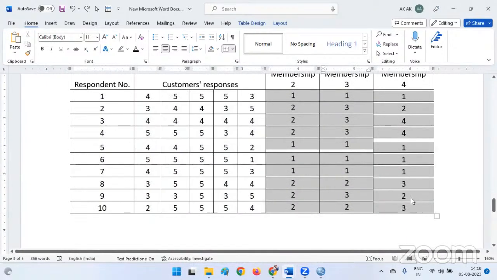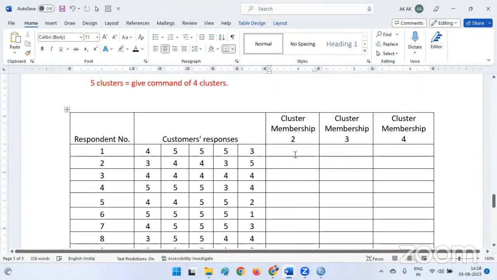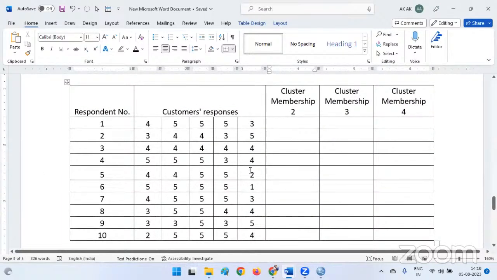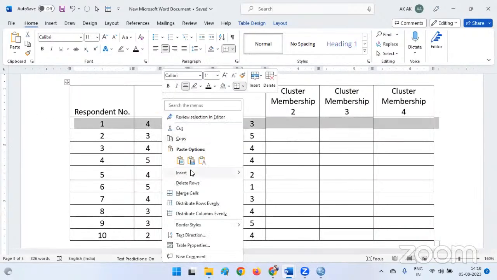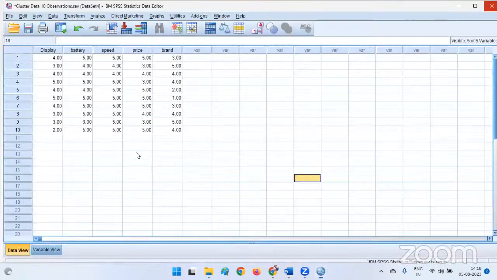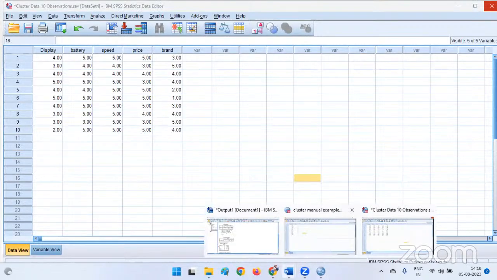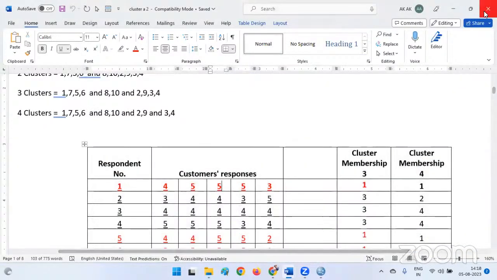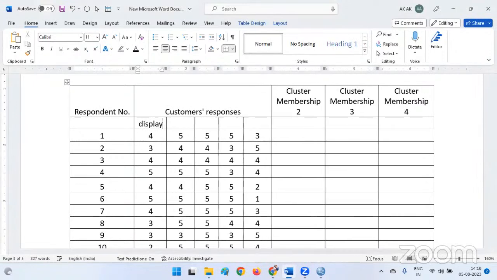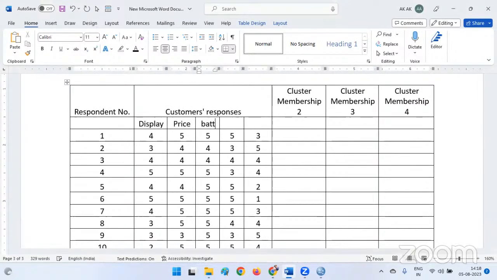I'm deleting this cluster. Okay. Now, let's see how do they respond to different things. We surveyed about a cell phone: display, battery, speed, price, and brand. So we asked how important a particular feature of a phone is for them.